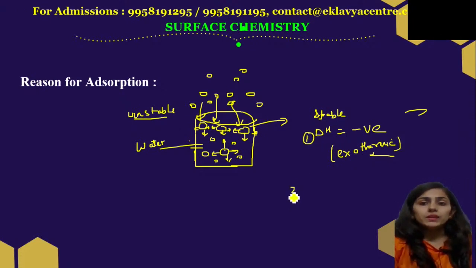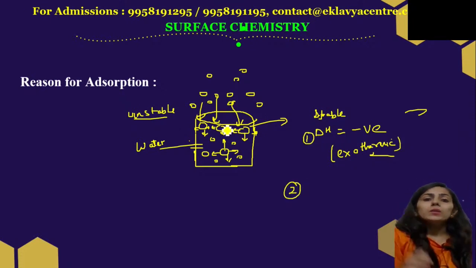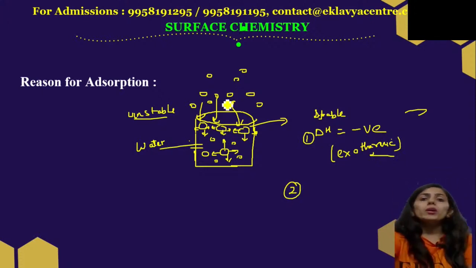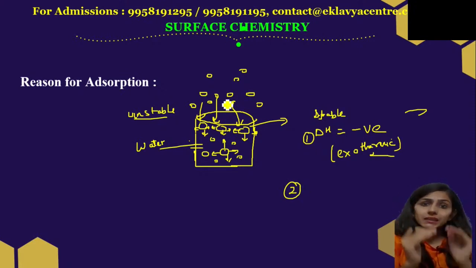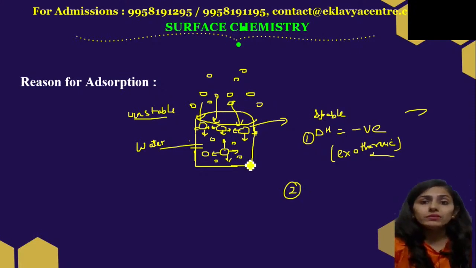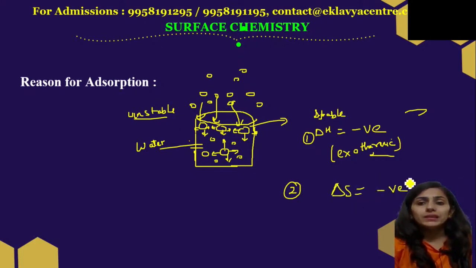First point. Now second point. Initially there were many molecules present in the air, but after adsorption, the number of molecules decreases. So can we say that delta S, entropy, also decreases?